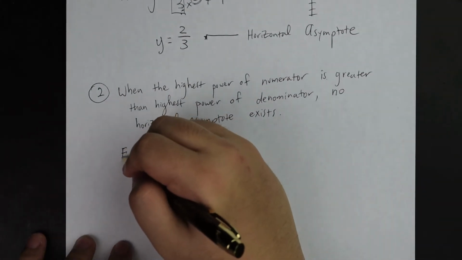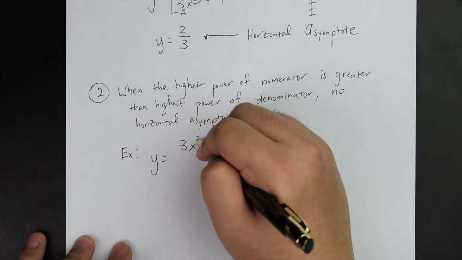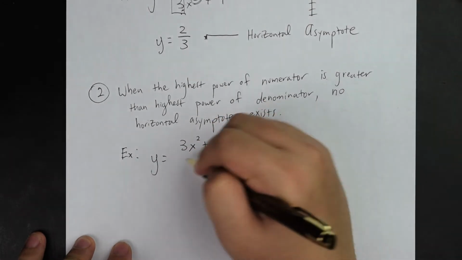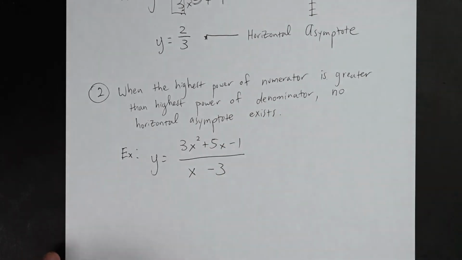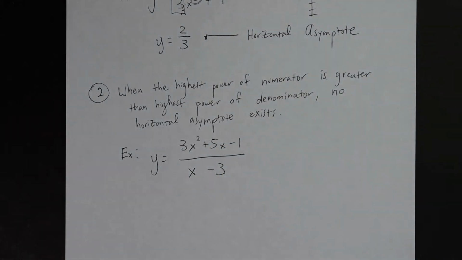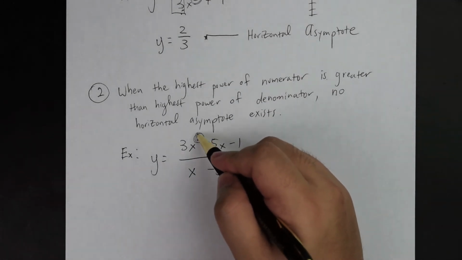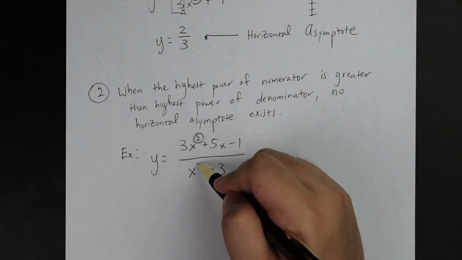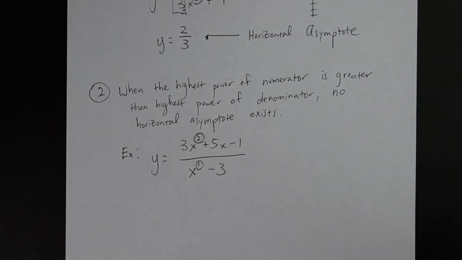So the example for this case will be here. Let's say y equals 3x squared plus 5x minus 1 over x minus 3. Okay? So if I asked you, what is the horizontal asymptote that exists? I'm going to look at this question and notice, well, 2 is going to be the highest for the numerator, but for this denominator, 1 is actually going to be the highest, because if it's just x, that means the power is going to be 1.